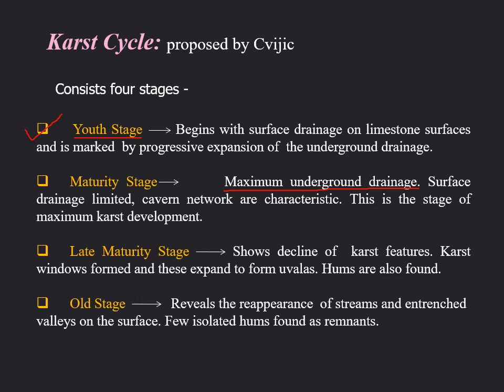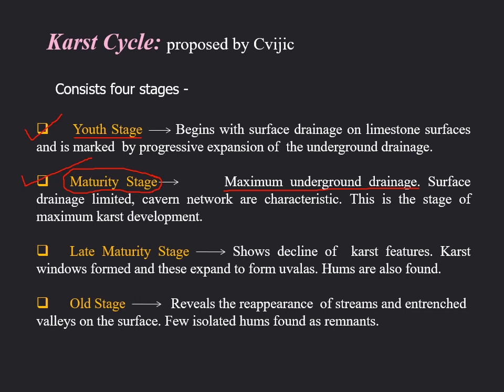Cavern networks are characteristic of this stage, that is cave systems are produced, and this is the time when maximum karst features are developed. So this stage is very important for formation of karst landforms.